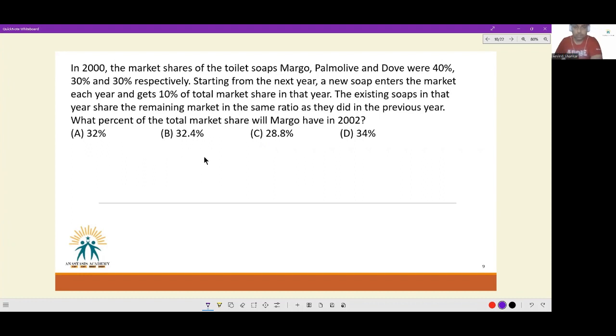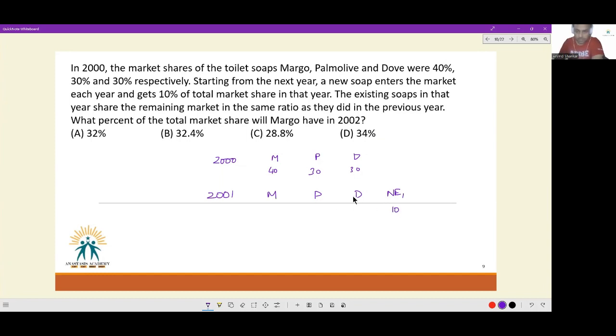Okay. So let's see. In 2000, Margot, Palmolive, and Dove had shares of 40, 30, and 30. In 2001, we still have Margot, Palmolive, and Dove. But new entrant one has come in, and he has taken away 10% of the market.